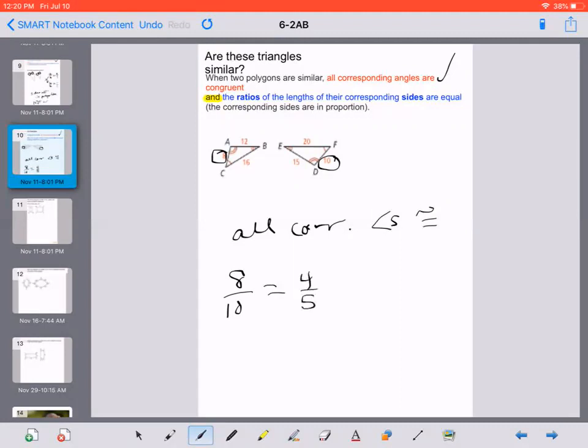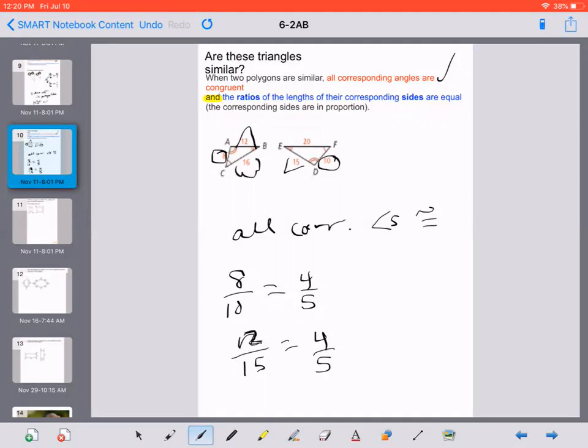all right, how about this side in between the 2 scratch, 3 scratch? Let's compare 12 to 15. And let's reduce that. Okay, so far so good. We've got 2 pairs of corresponding sides having the same ratio.